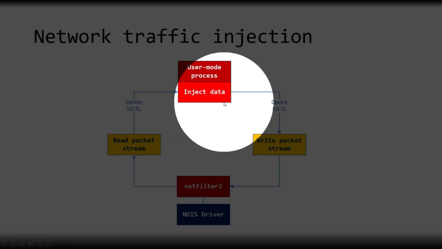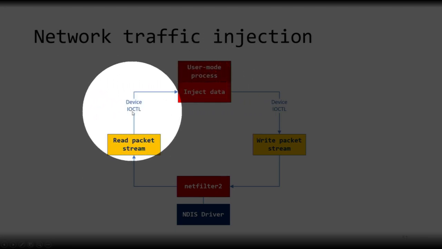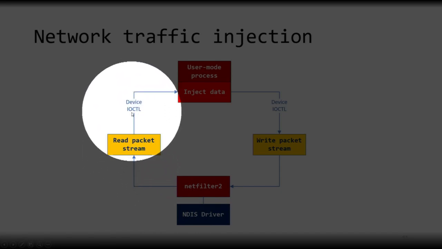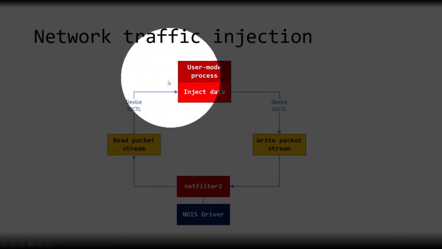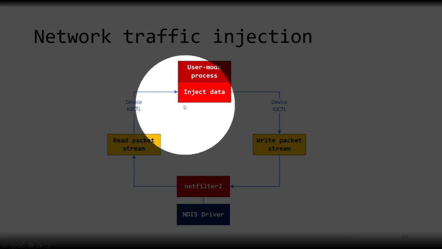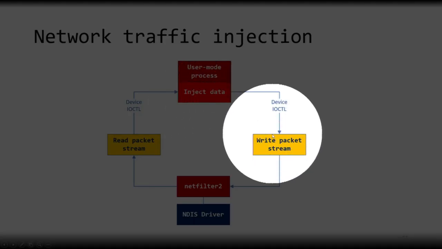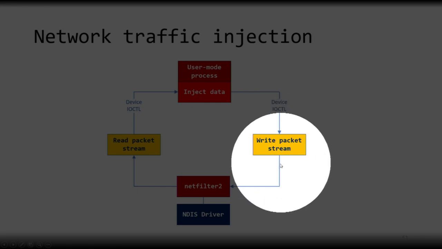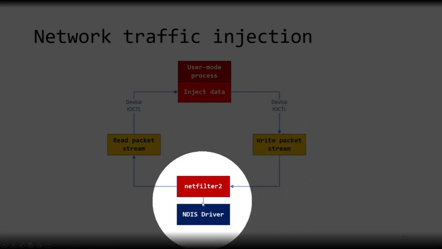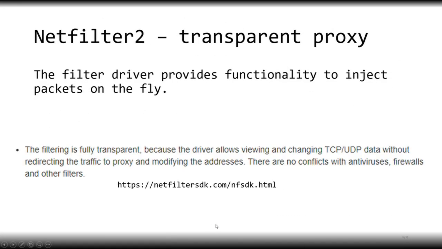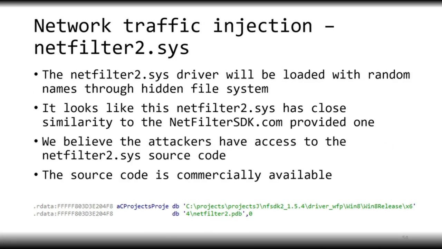So the user mode process reads the data from the Netfilter 2 driver using IOCTL, and everything is done inside the user land. They detect some specific patterns, and they can inject data on the fly into the stream. They write back the data, and Netfilter 2 passes the data to the NDIS driver. That is how the injection is done.